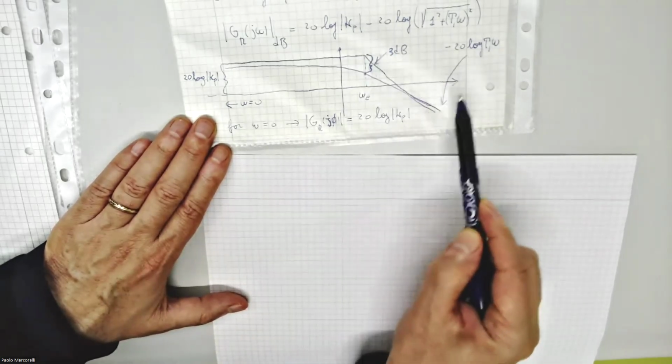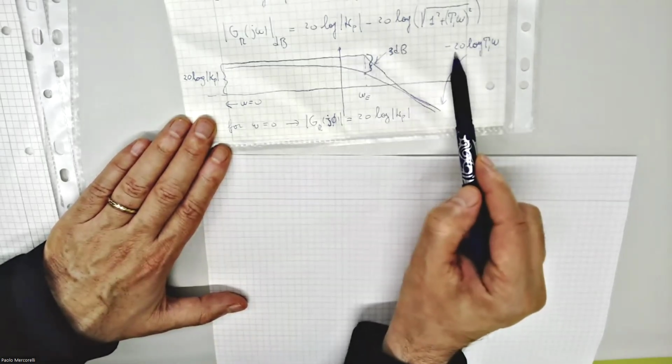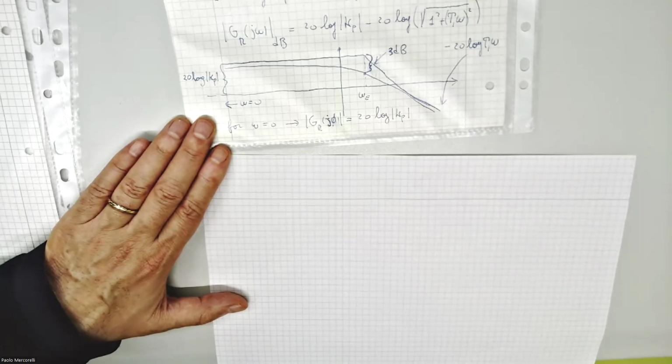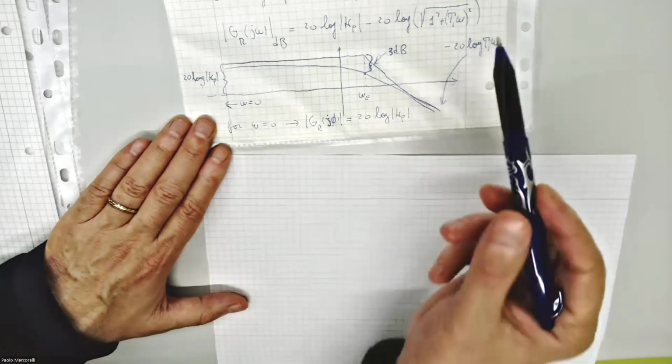Why is this line minus 20 log of T1 omega? It's easy, because for omega large, toward infinity, the dominating part is omega T1, not 1.